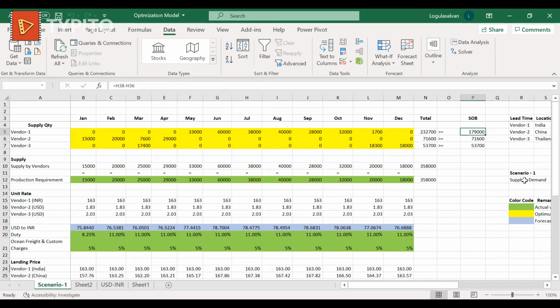We have already created templates for calculation with inventory considerations. And if you are bringing this material by containers and all, if you want to know about those things, please comment so that we will make the next part of this video and post it. And if you have any queries, you can post them.